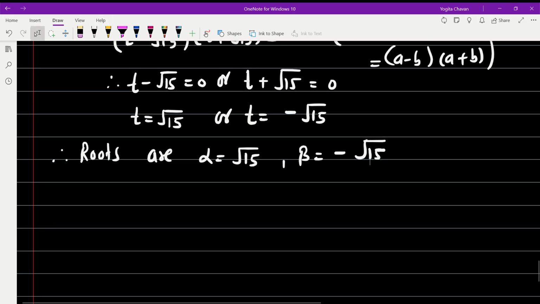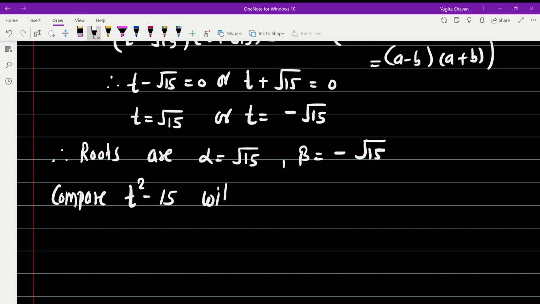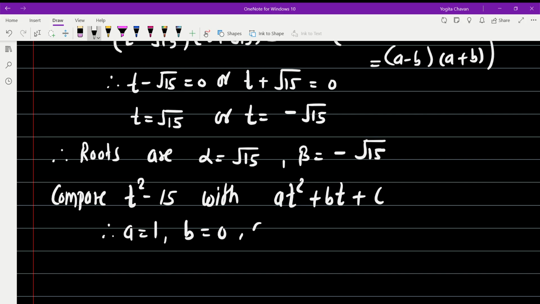Now let's find sum of the roots. First compare t square minus 15 with a t square plus bt plus c. Therefore a is equal to 1, b is equal to coefficient of t, it is 0, and c is equal to minus 15.